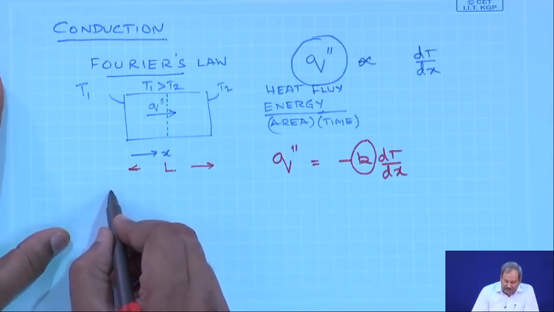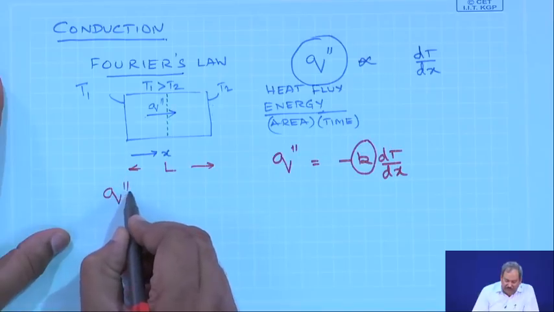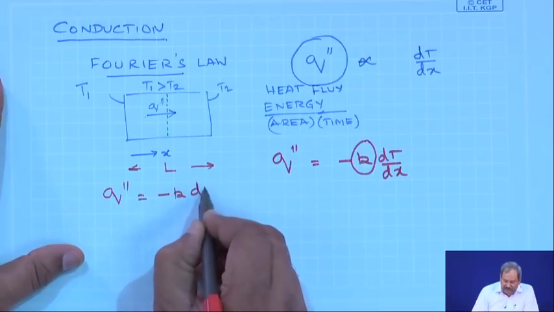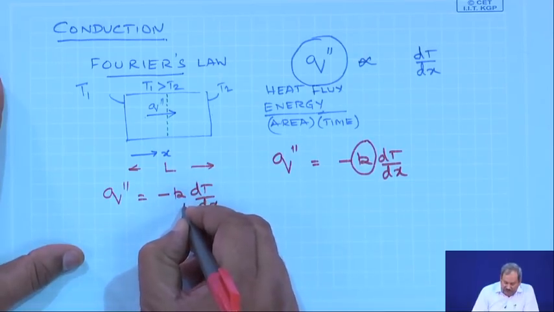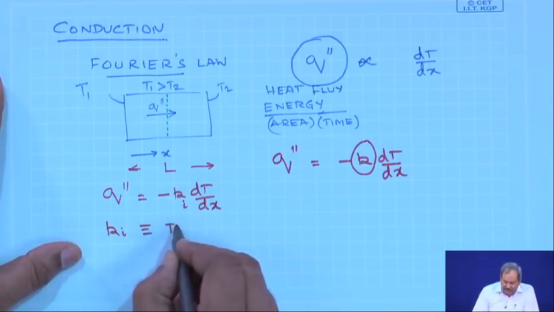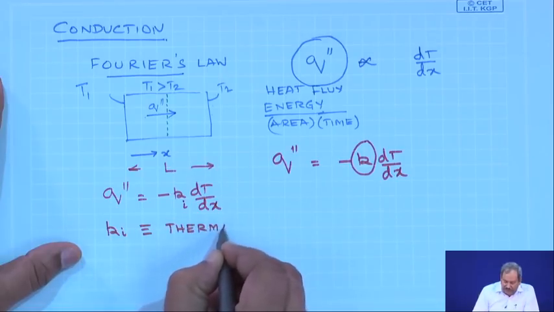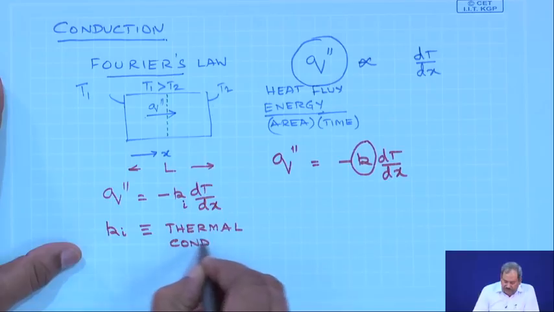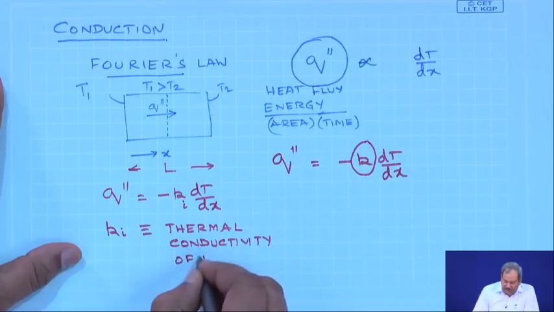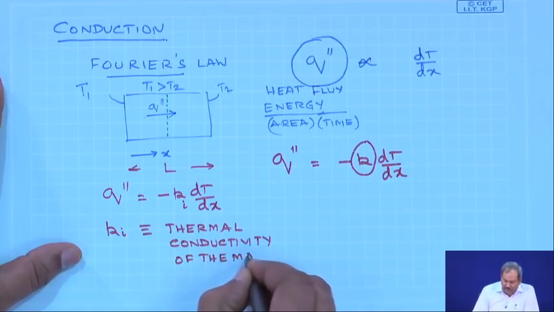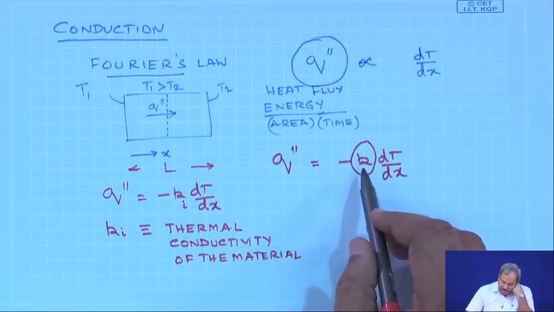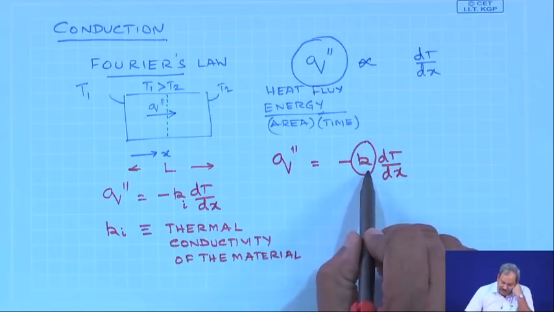So, what this simply tells you is that q double prime, and the double prime denotes that it is a flux, is simply going to be equal to minus k dT/dx, where k is known as the thermal conductivity of the material.